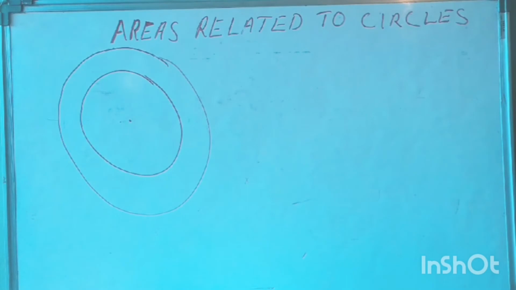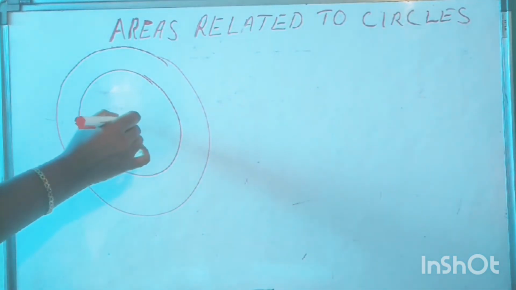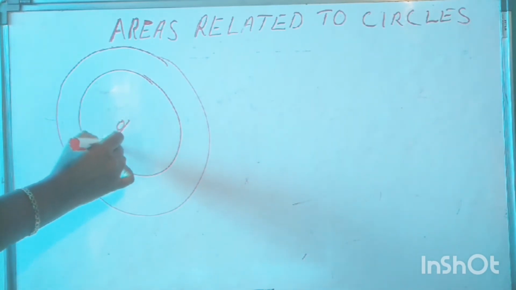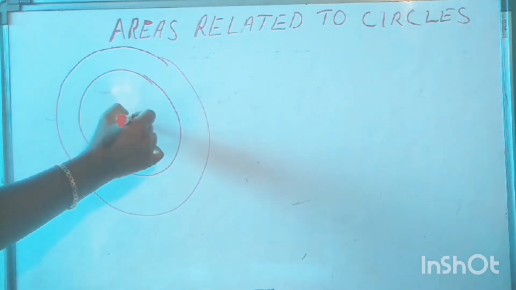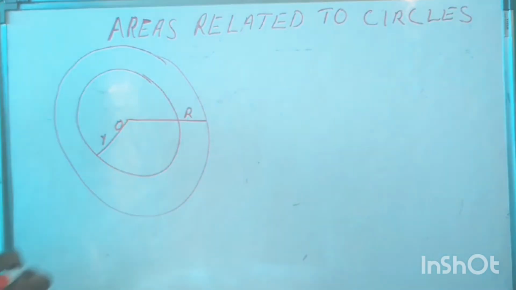This is concentric circle and O be the center of that concentric circles. The first one, smaller circle radius, small letter r, and the bigger circle radius, take it as capital R.